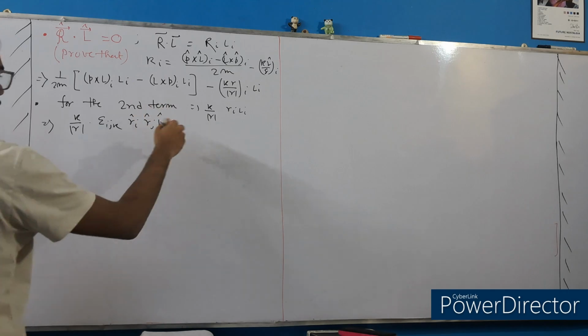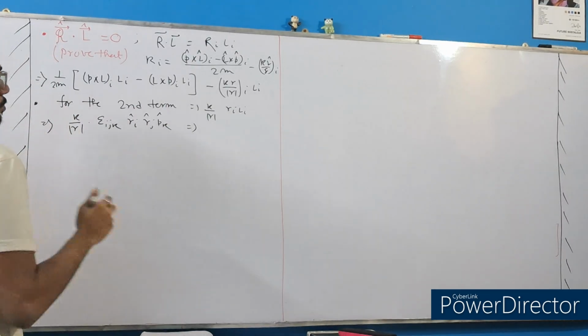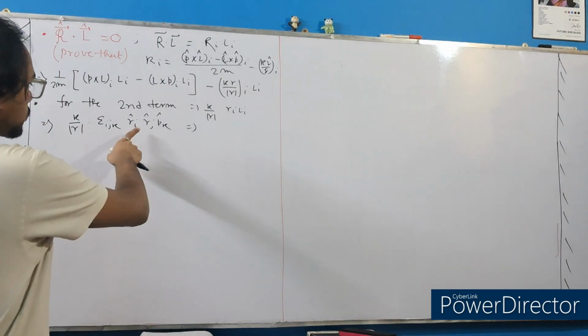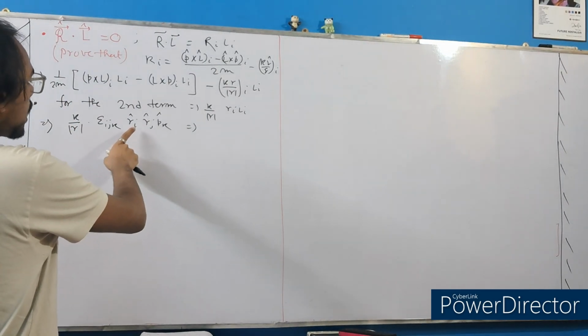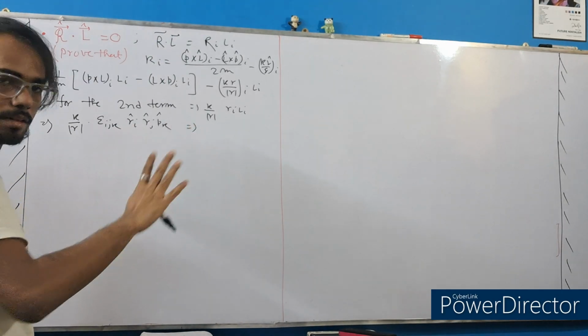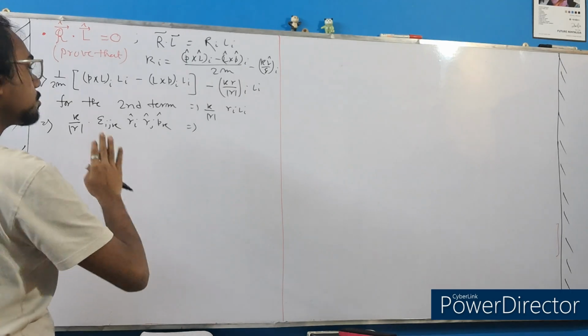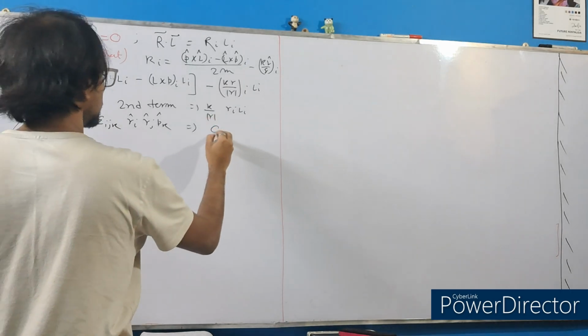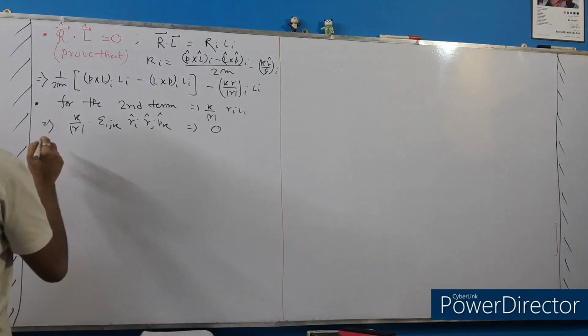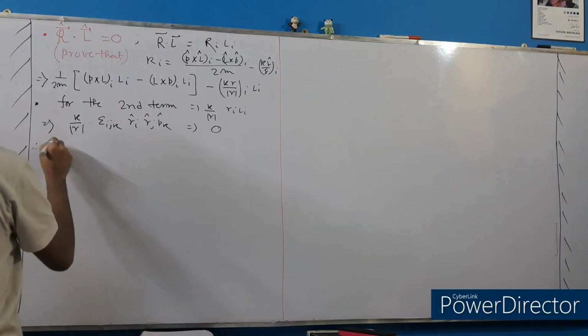All of them have operator status. Now position vectors commute with each other, so this will basically give us r cross r, kth component. Now r cross r I can write as 0 because these are the position vectors. So this is 0. Our second term is 0. So our entire term is now reduced.